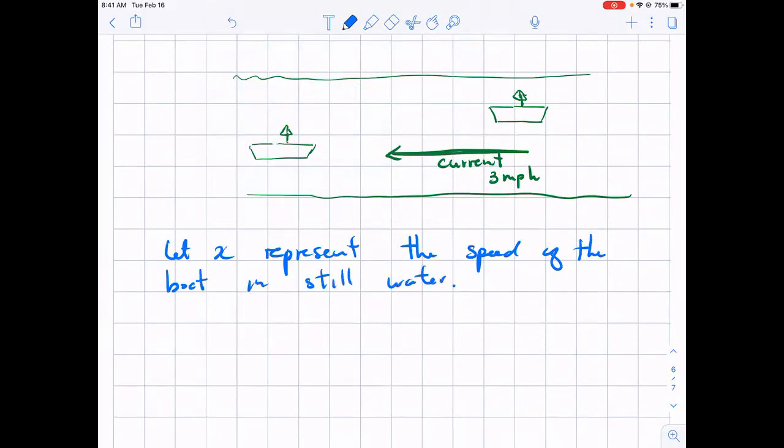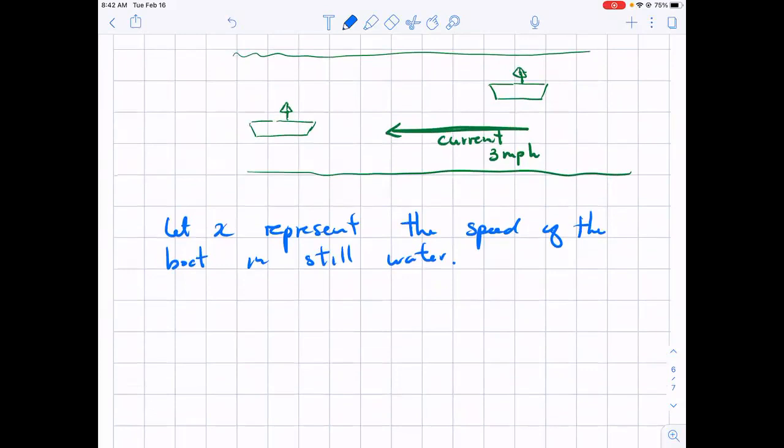Okay. Then if we do that, we know that time is distance over the rate, or the speed, right? We know the little formula d is equal to r times t.